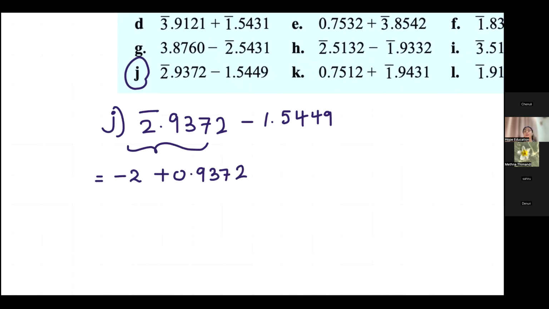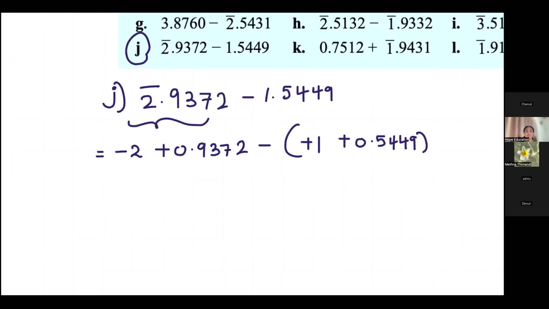Bar 1.5449: characteristic is plus 1, mantissa is 0.5449. Now here, minus 2 plus 0.9372, and minus times plus is minus 1 minus times plus is minus 0.5449.